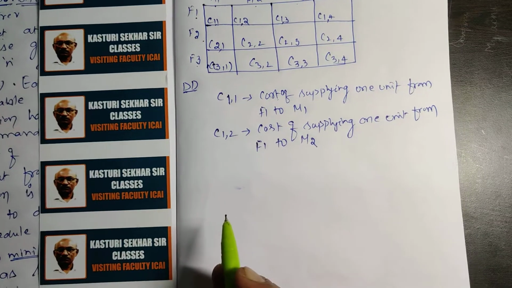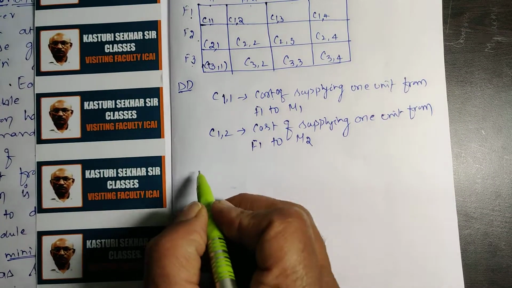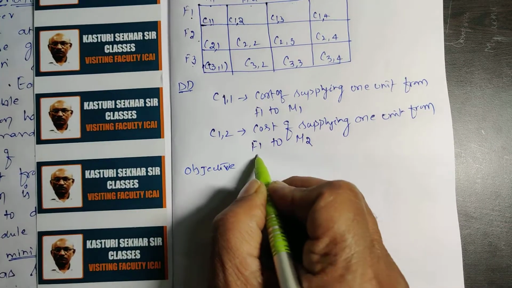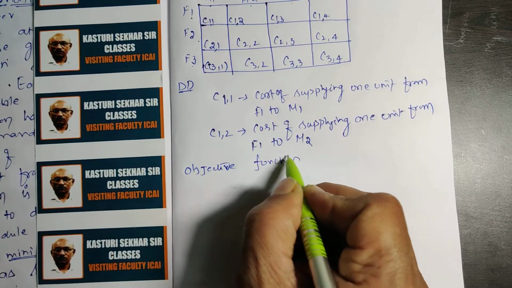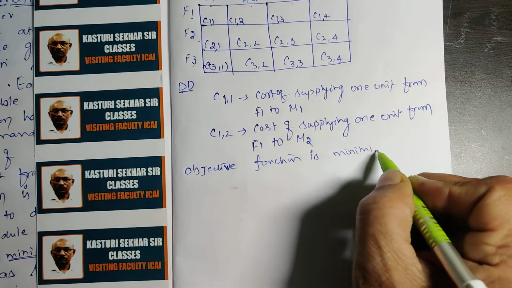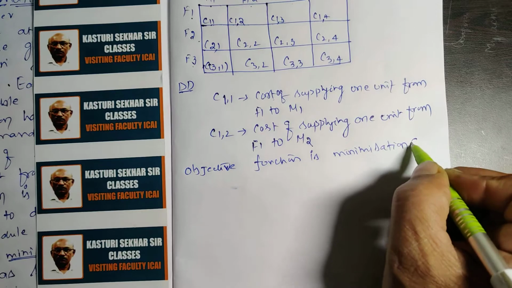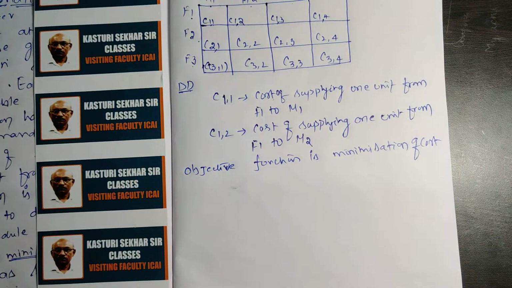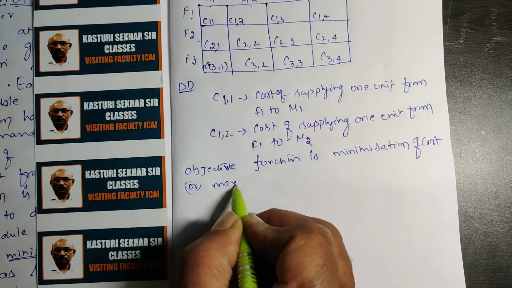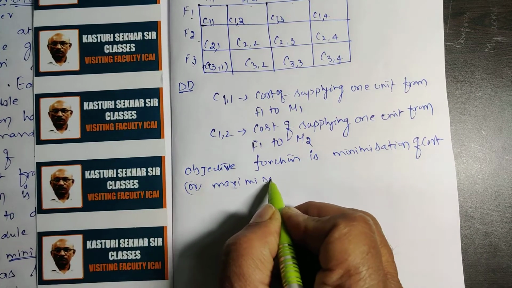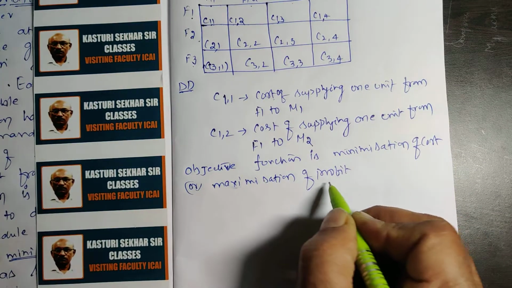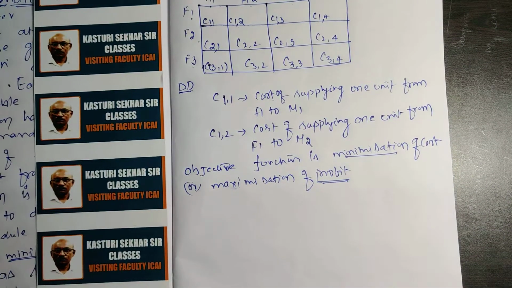So the objective function is minimization of cost when a cost matrix is given, or maximization of profit when a profit matrix is given.